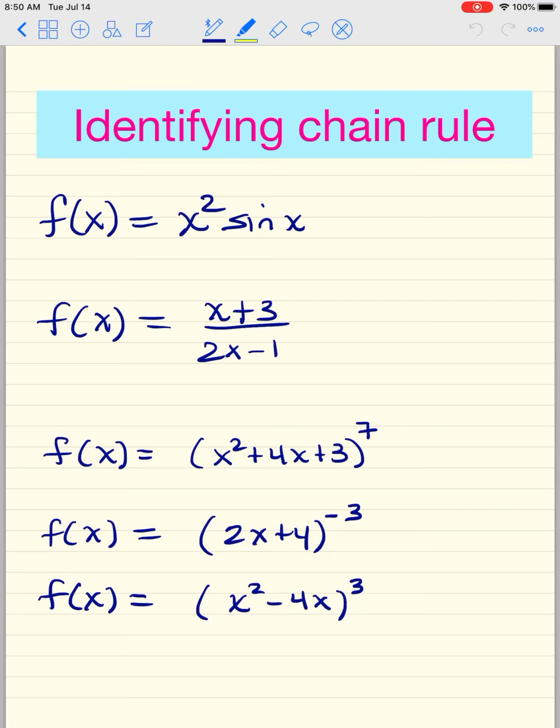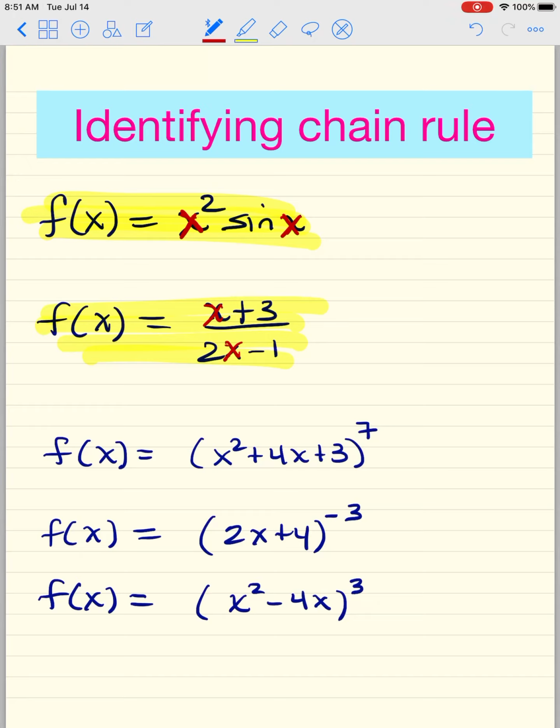First, I have this function x squared times sine x, and if I was going to ask you to take the derivative, you would have to use the product rule. The reason why we would use the product rule in this case is because I see an x times an x. In the next example, it looks like a quotient, and it will be a quotient because I have an x and an x.